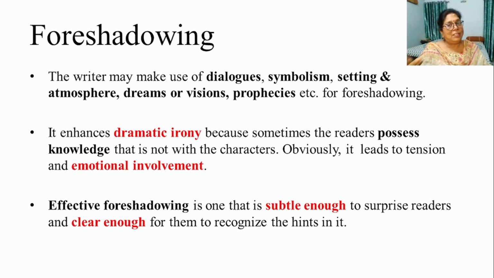If it is subtle, it is successful. It should not be a direct way of saying something, but a roundabout way of projecting or saying something. And when it is subtle, it definitely surprises the reader, but it should be clear so that they may recognize the hint and may interpret it according to themselves.